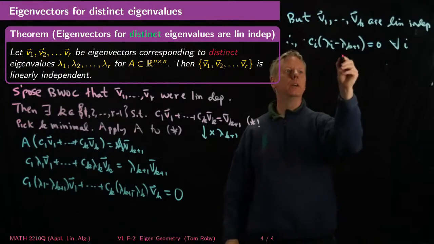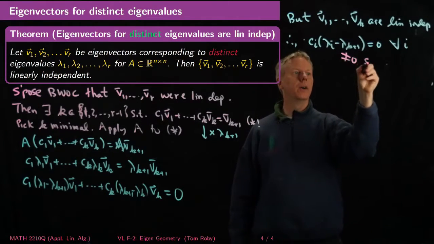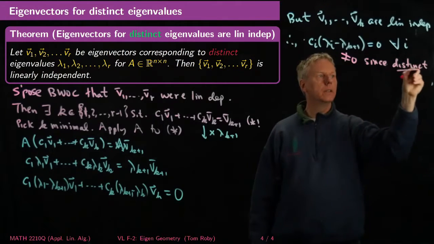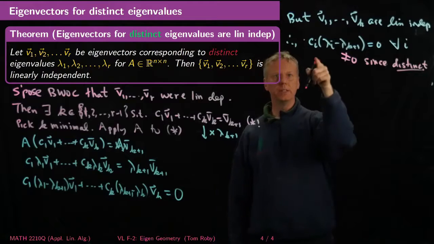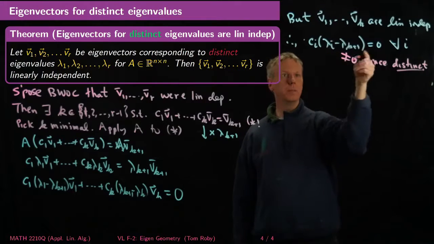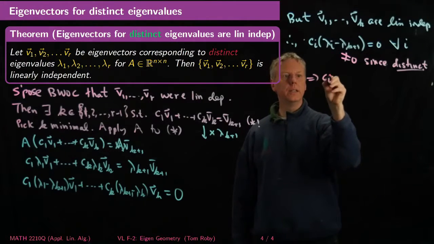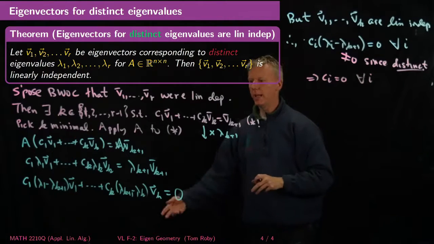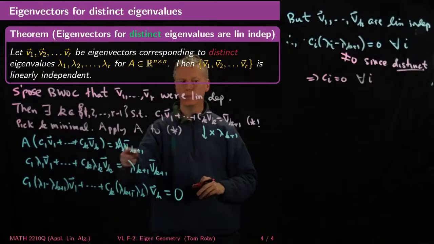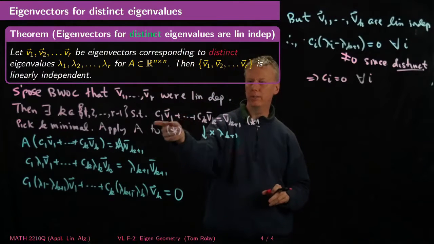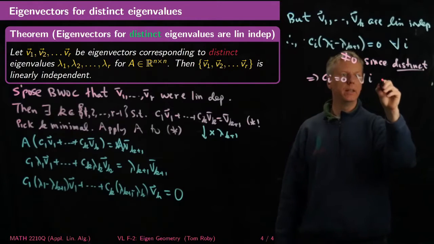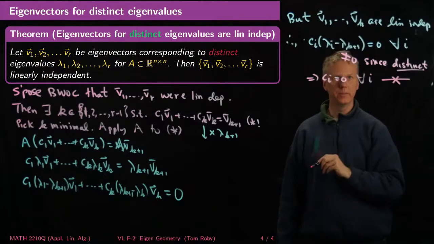So this guy is not equal to 0, since the eigenvalues are distinct. And so the only way this can be 0 is ci equals 0 for all i. But now if ci equals 0 for all i, then that's a contradiction, because that means that v(k+1) must have been the 0 vector. So that can't happen, contradiction.